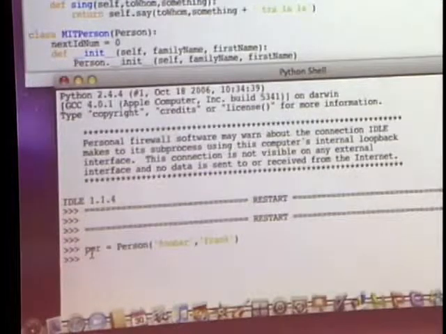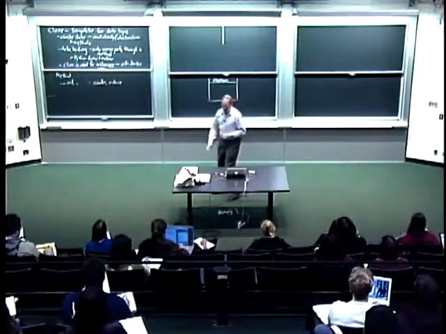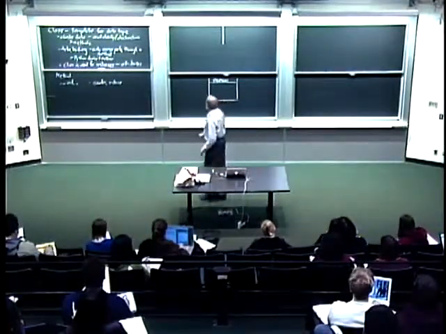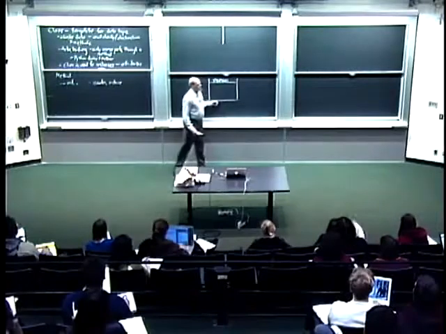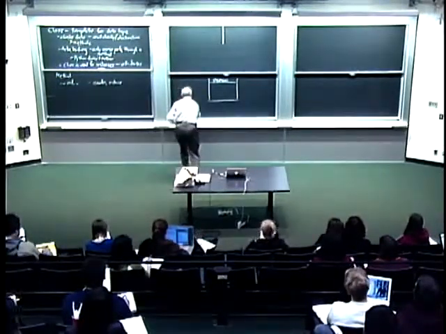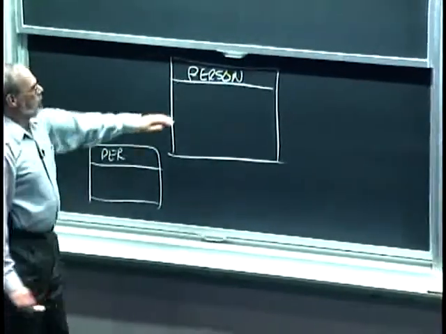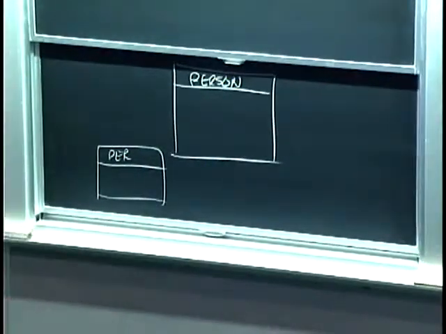Now, again, you might have said, wait a minute. Init here has three arguments: self, family name, and first name. So again, just to remind you, what we said happens here is that when I call this class, person, I'm creating an instance. So let me draw a little instance diagram down here. I'm going to give it the name per. And I should have said, inside a person, we've got a set of things.